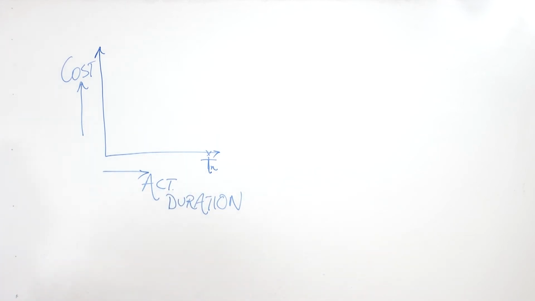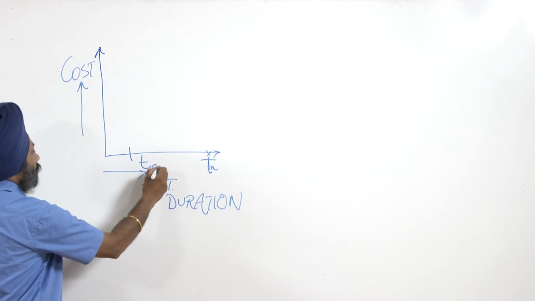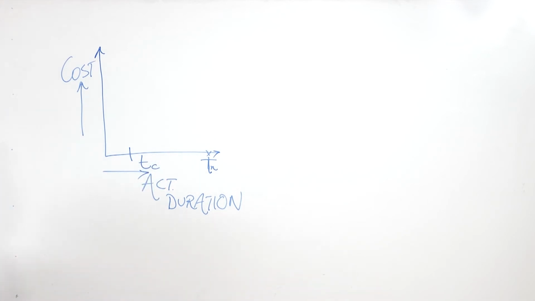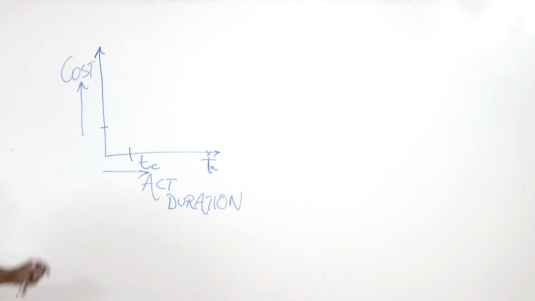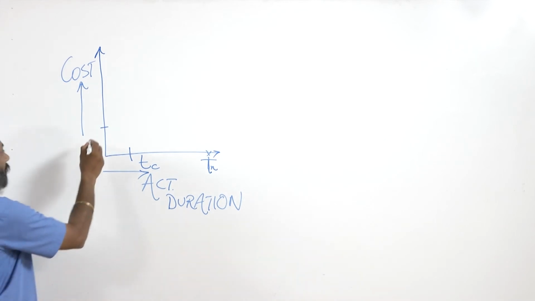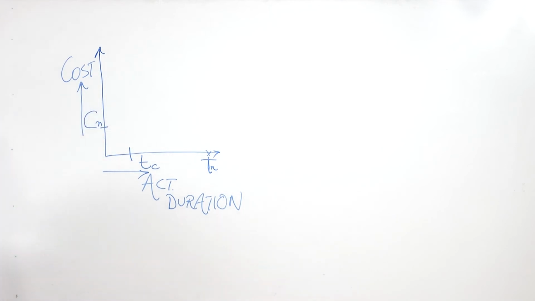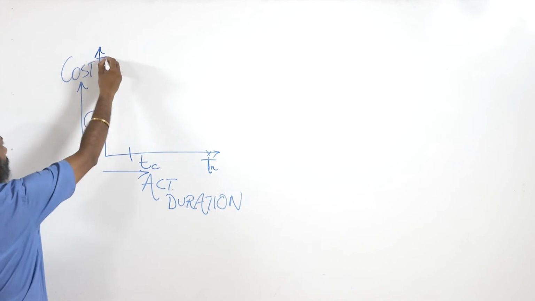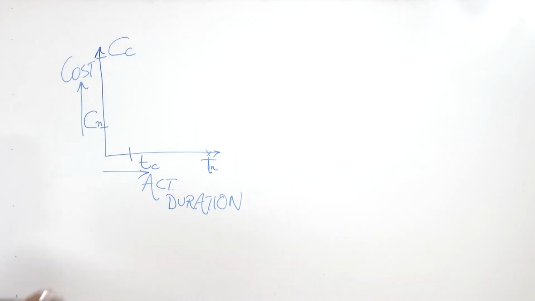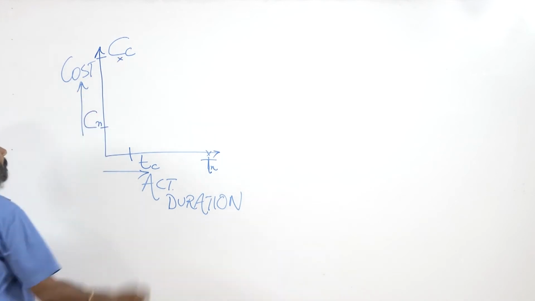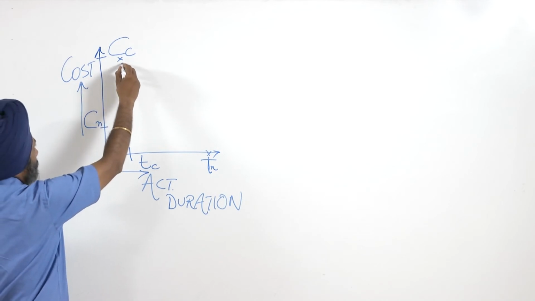This is the normal duration for the activity, and this is the crash duration for the activity, and this is the cost on the y axis. Suppose this is the normal cost related to the activity, and this point is the crash cost related to the activity.